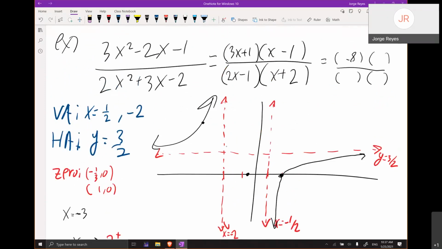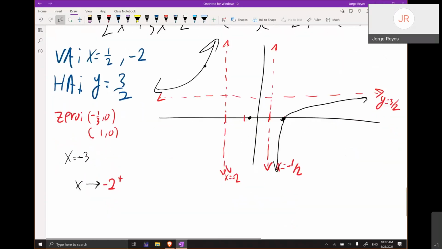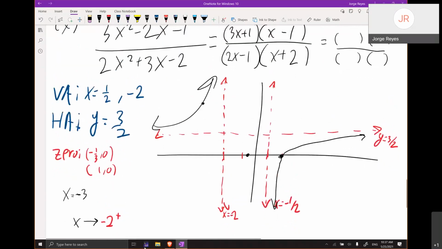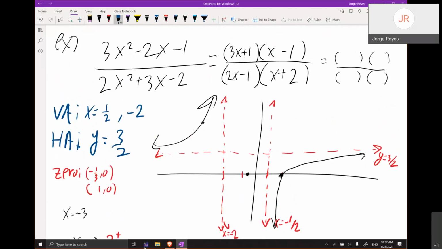if you want to do this numerically, you just plug in something really close. Like I would plug in -1.99, or like -1.999, right? You want to get really, really close to -2. But if you want to do this without a calculator, you just think about what sign you're gonna get.